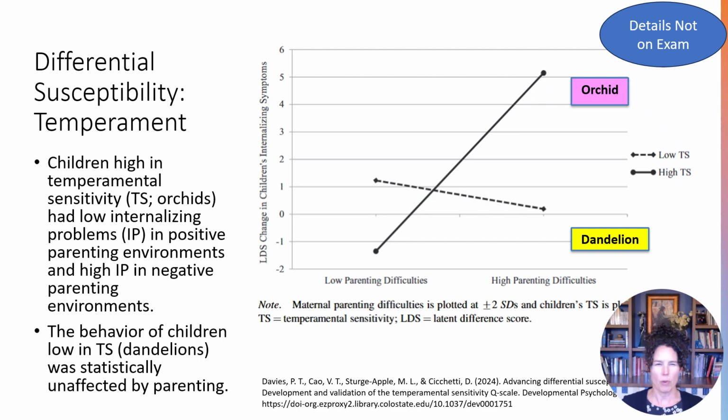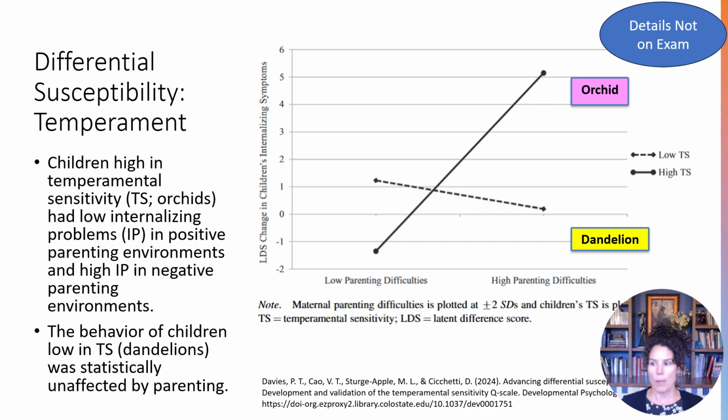And so it was how reflective are they, how cautious, how inhibited, how much do they shut down when they're stressed, how much can they pay attention when things are going well, how compliant, how anxious do they get when things are unpredictable, or how rigid do they get, how empathic can they be in positive environments, how fearful, how cooperative. So the kids were rated, and then the kids that had the highest amount of temperamental sensitivity, the top kind of 30%, were considered the orchids.